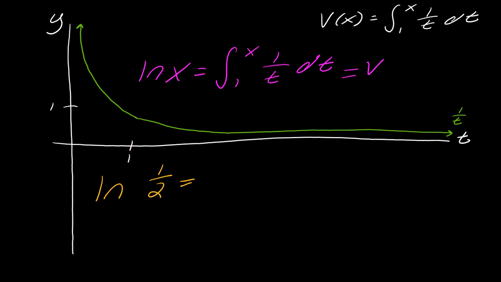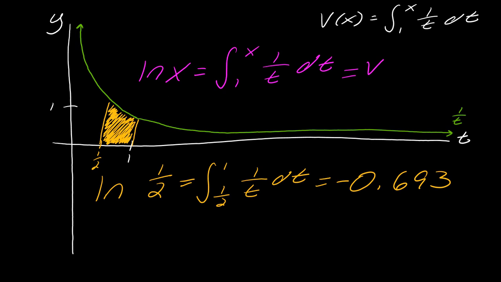And then if I want to do 1/2, so if I plug that in, that's less than 1. The only way I can get to this value is by flipping the limits of integration, right? So once again, let's pretend I can just look at this and I know what the area is. What this is actually going to give me is negative 0.693.